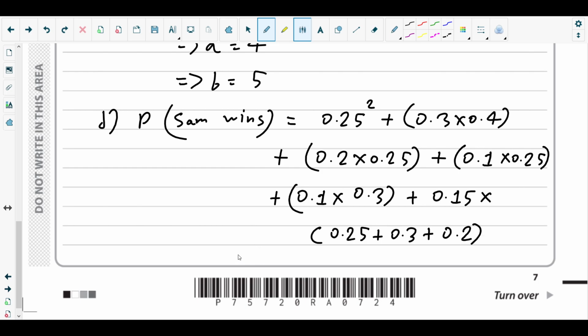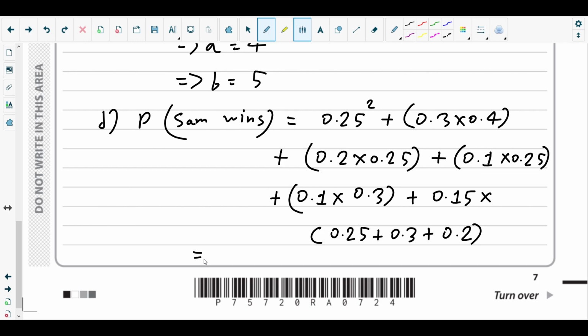Now you just add them up to get the final answer. So 0.25 squared plus 0.3 times 0.4 plus 0.2 times 0.25 plus 0.1 times 0.25, plus 0.1 times 0.3 plus 0.15 times (0.25 plus 0.3 plus 0.2), which is 0.75.